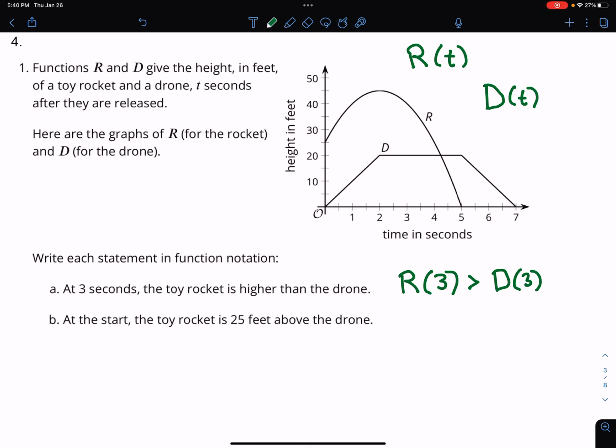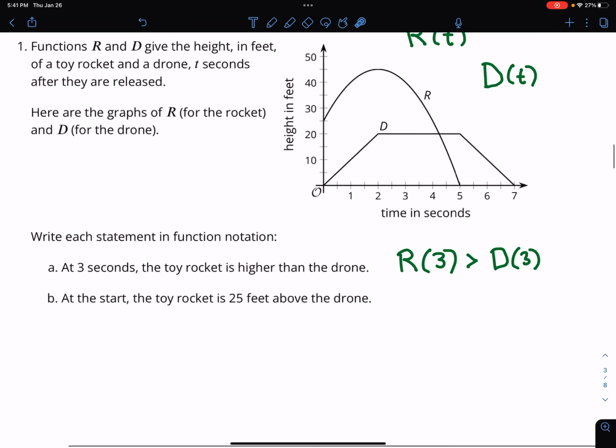So R of 3 is maybe about 40 right there. And D of 3 is 20, and it's true that 40 is higher than 20. And here is how we could rewrite that sentence A in function notation.